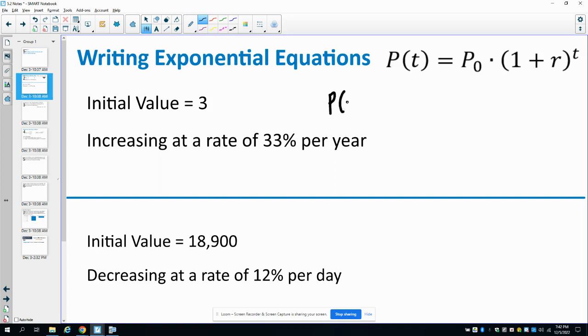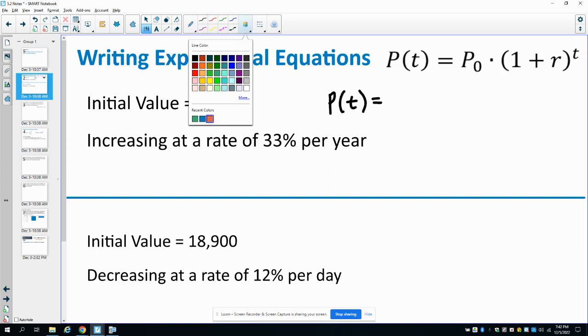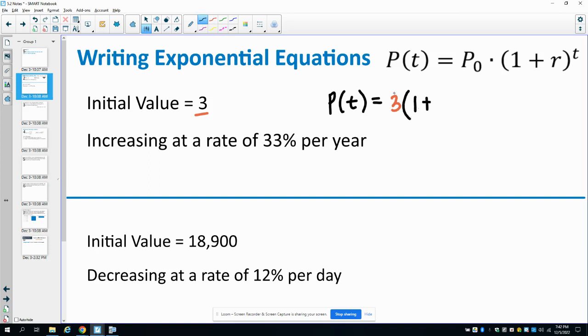So we'll have P of t equals the initial value. In this case, our initial value is 3. Then we'll multiply that times 1 plus the rate. Be really careful when you plug in the rate that you use the decimal, not the percent. The decimal version of 33% is 0.33, so plug in 0.33 here and then to the t power.